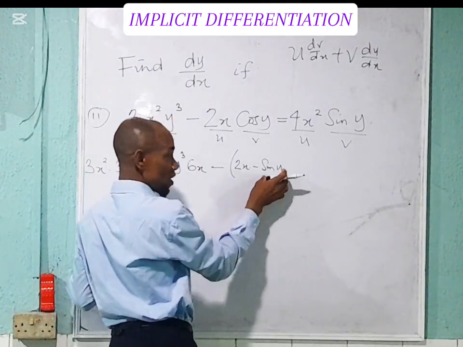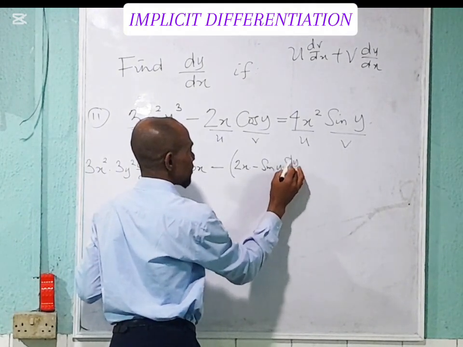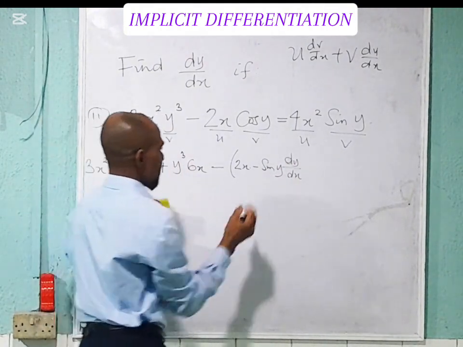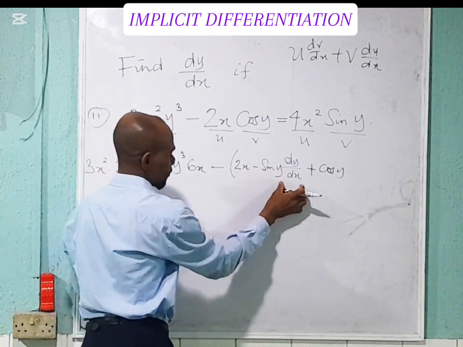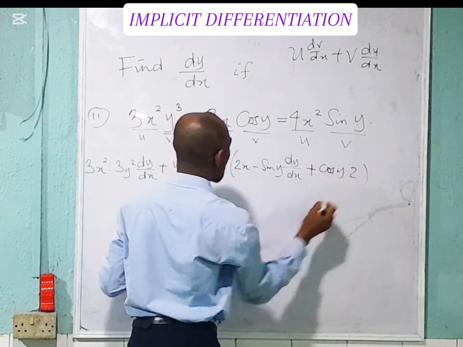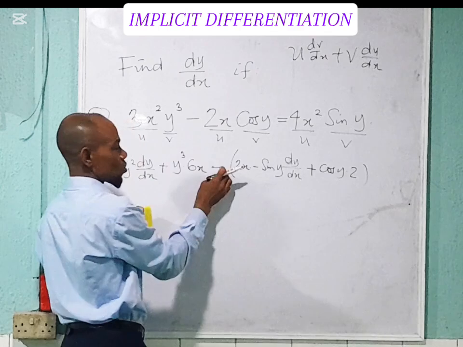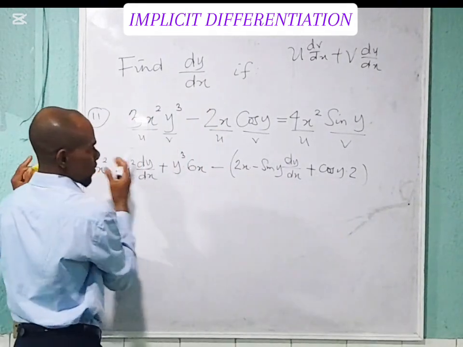And because I'm differentiating the y function, I must instantly replace with what? dy/dx. Then plus cos y. Remember, this is u dv/dx. Now plus v du/dx, that will be what? 2. Now don't bother put the minus 2 because the minus is already outside the bracket here. So that's the left hand side.